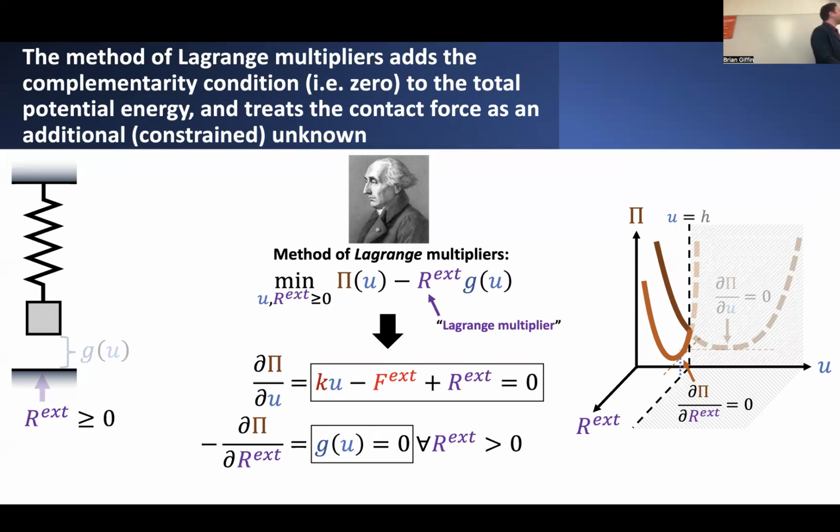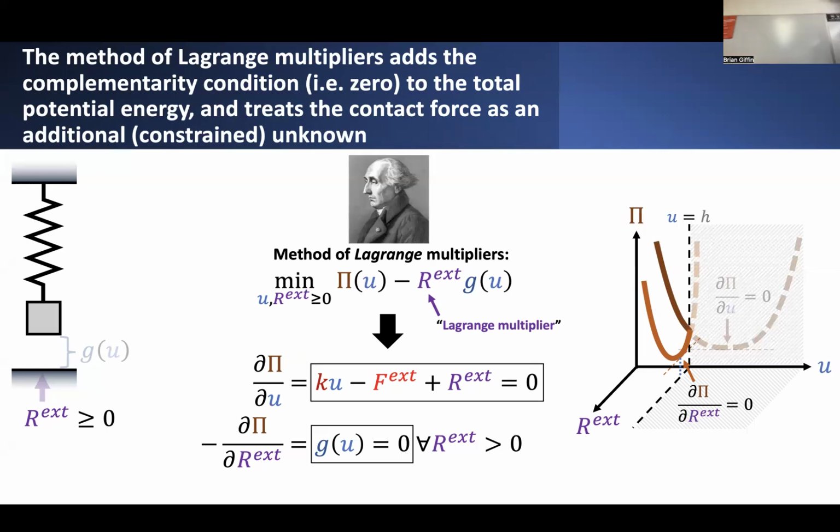But how do we work that into our original system of equations and this principle of minimum potential energy? Well, it turns out it's relatively simple to include this additional constraint. And all you have to do is just go back to your original minimization problem. And instead of minimizing the potential energy, you include an additional term. And in fact, you include this complementarity condition, which I'll remind you, this complementarity condition, basically the product of the external reaction force with the gap function, that always has to be equal to 0 if we're satisfying this kind of binary condition of, either gap is open and there's no reaction force, or gap is closed and there is a reaction force.